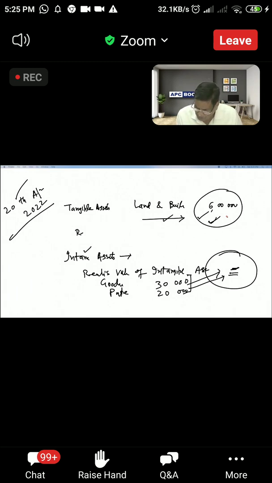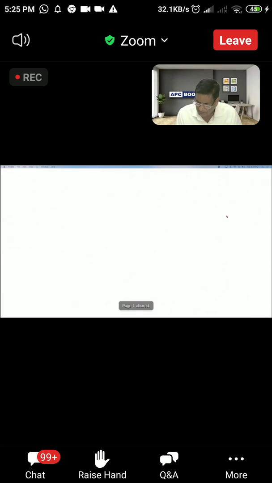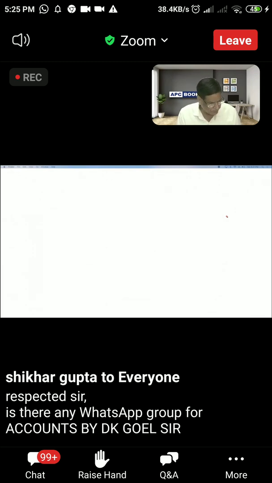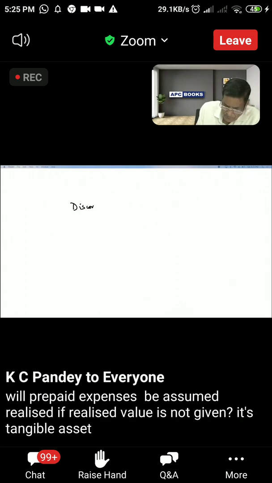There's a third important change which I want to discuss, which is discount or loss on issue of debenture.